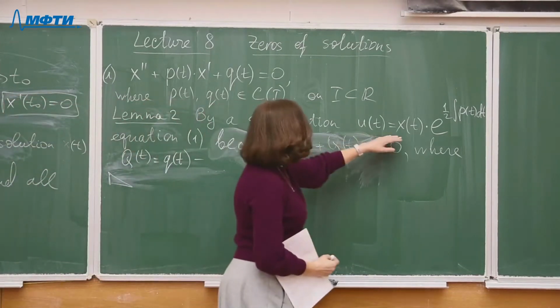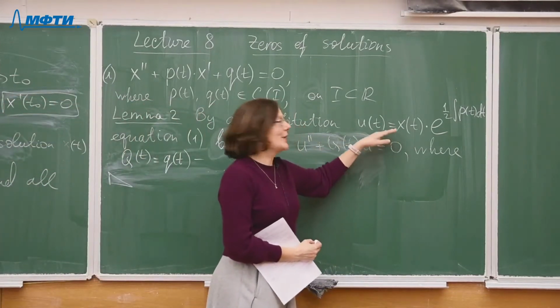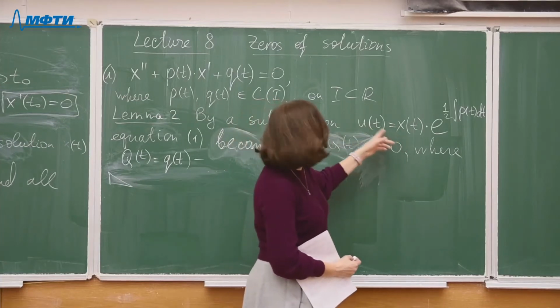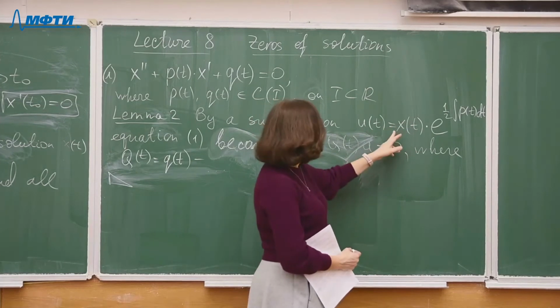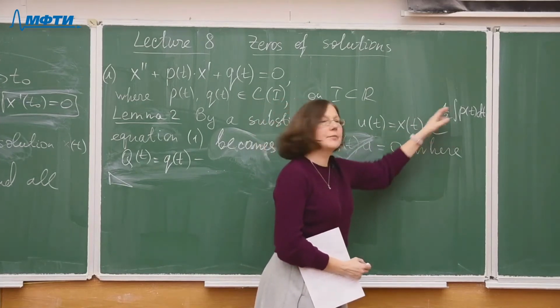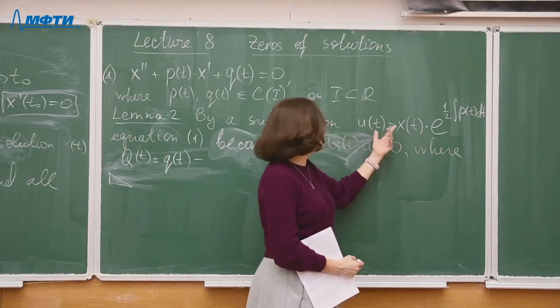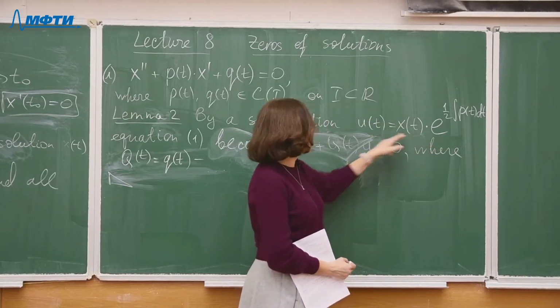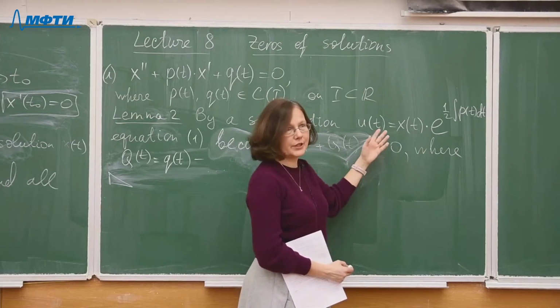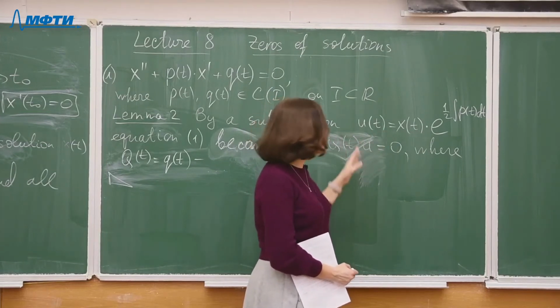In addition, we can see that the zeros of the function u of t and x of t are the same, right? Because x of t is multiplied by something positive, the zeros of x of t are the same as the zeros of u of t. In what follows, we will use this fact.